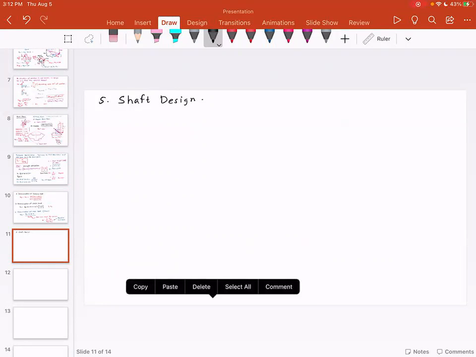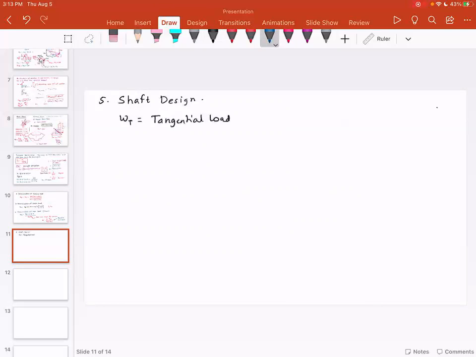So I will give you the equations for Wt is tangential load, Wn is tangential load divided by cosine of phi, which is the pressure angle, and Wr is equal to Wt multiplied by tan phi.